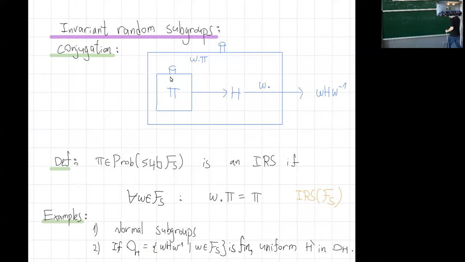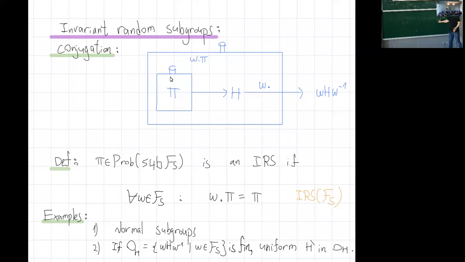Great. A slightly more general situation is when you have your subgroup H, and you look at all its conjugates. A priori, if you don't know anything about the subgroup, that set can be infinite, or it can be finite.